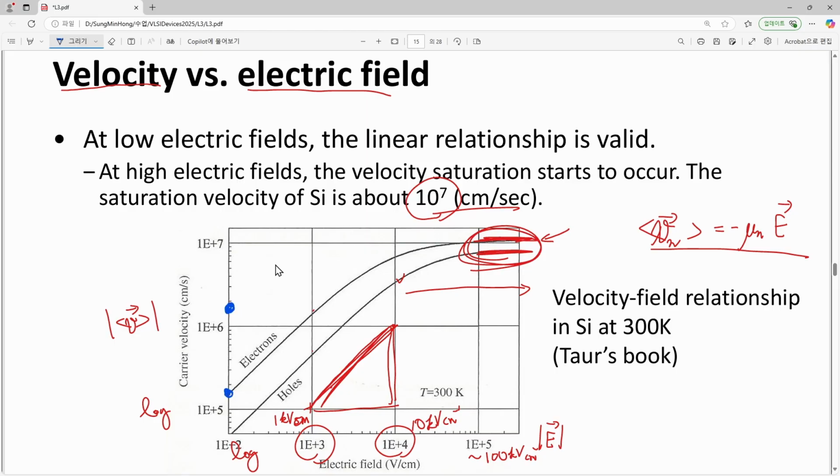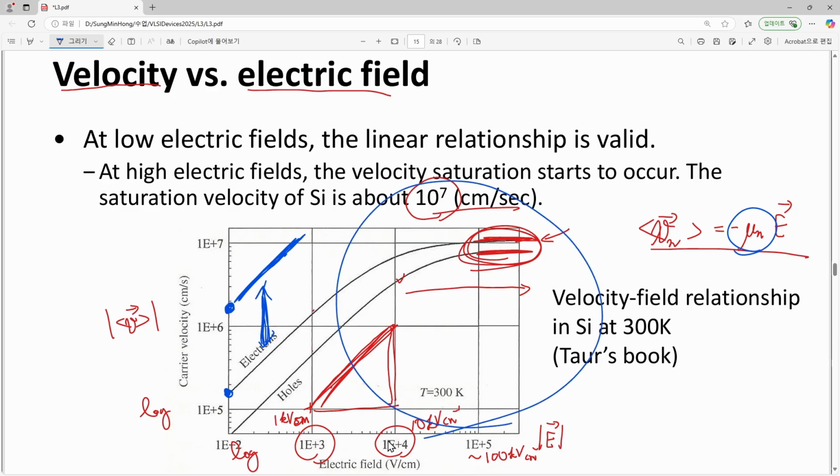And as long as this linearity holds, we will have this straight line. So higher mobility just shows an increase of this linear graph.